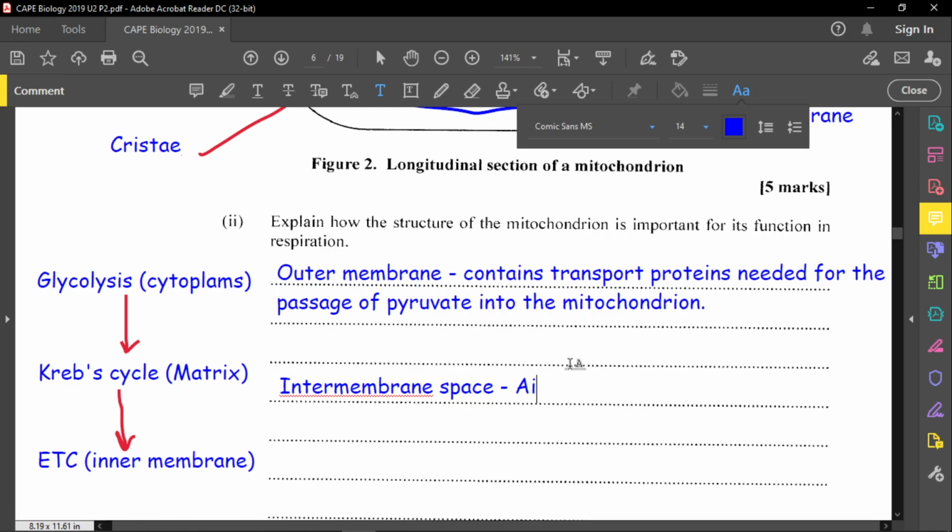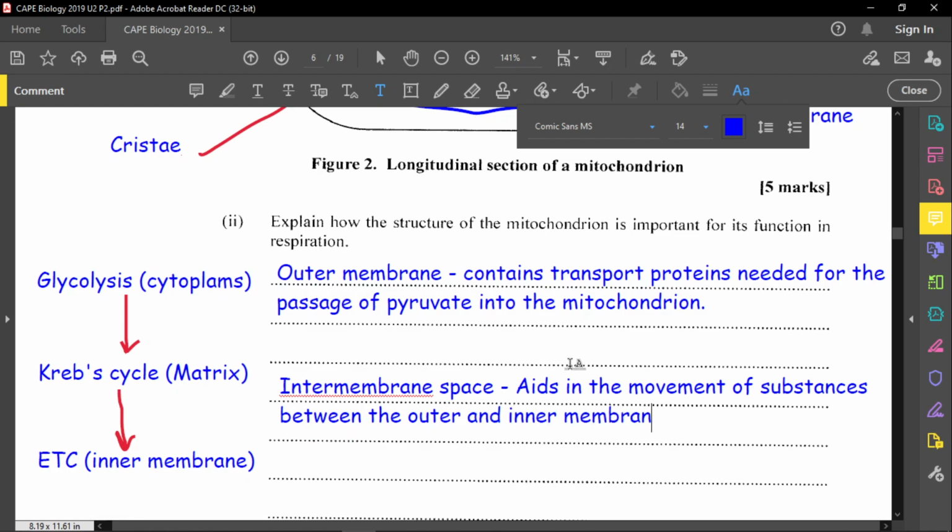So what happens here is that it aids in the movement of substances between the outer and inner membranes. So that's also important.